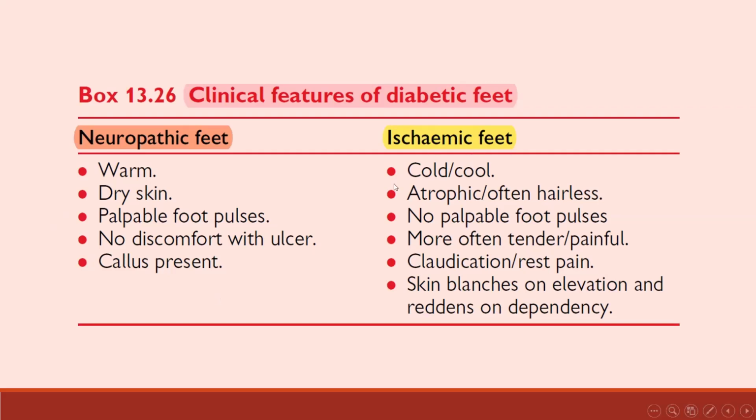The ischemic foot is usually cold or cool, atrophic, often hairless, with no palpable foot pulses, more often tender and painful. There is claudication and rest pain, pallor on elevation, and redness on dependency.